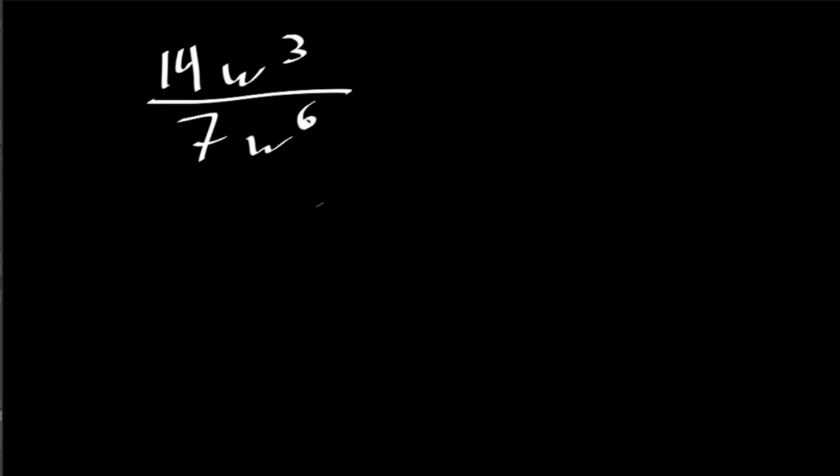All right, so now, let's say I wanted to divide this. I'm going to divide 14 by 7 first. And once again, I believe this was the second rule we looked at. This was the dividing rule. So 14 divided by 7 is going to give me 7.